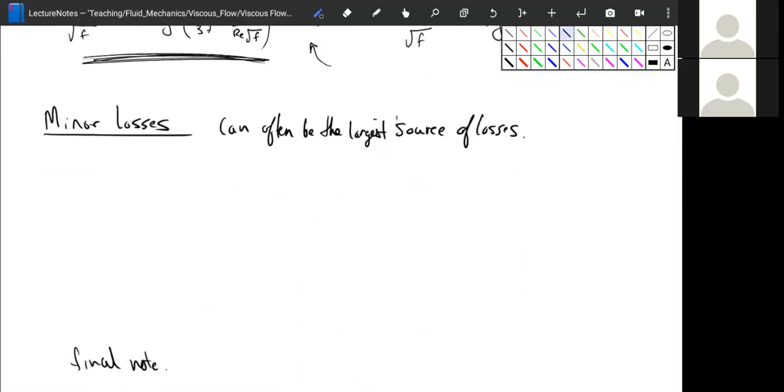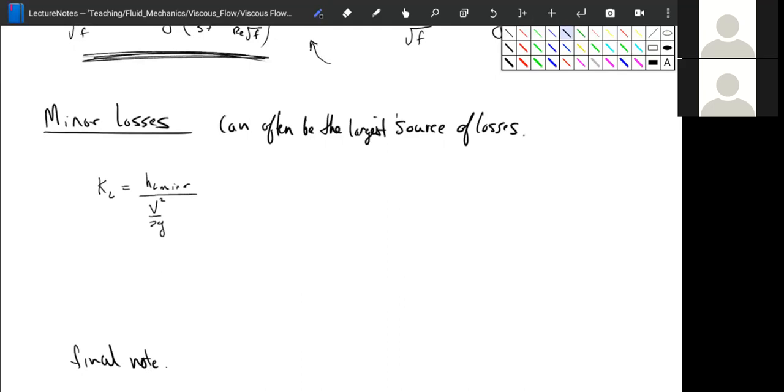And in general, we're going to define a minor loss coefficient, which is equal to the ratio of the minor head losses divided by v squared over 2g, which basically means that HL minor is equal to K times v squared over 2g, and it becomes a problem of finding what your minor head loss coefficient is for each particular situation. And it's going to be different for absolutely everything.